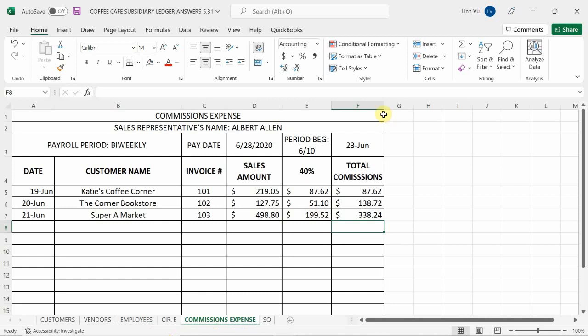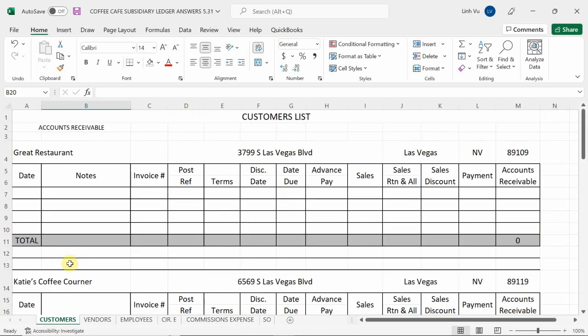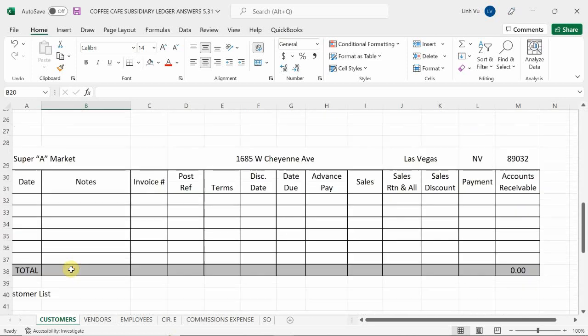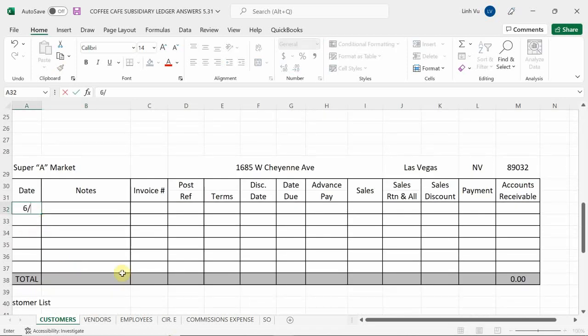Yes. And then we also need to update customers for Super A Market, that we delivered them their order. It's 45 Supreme and 25 mugs.